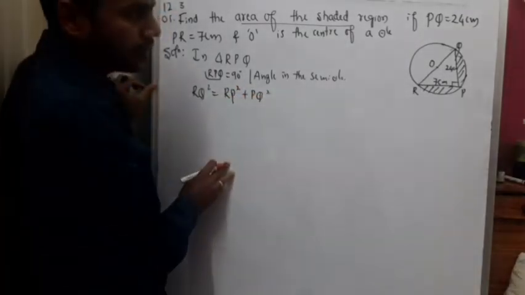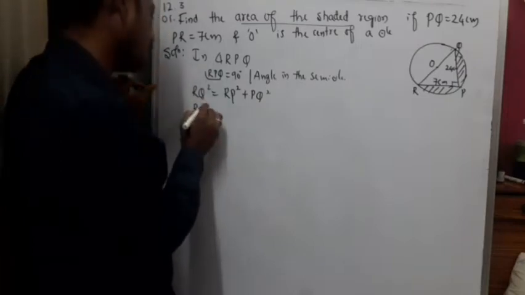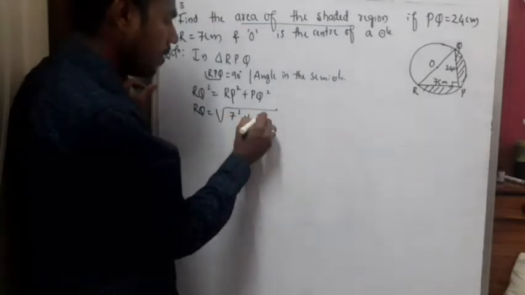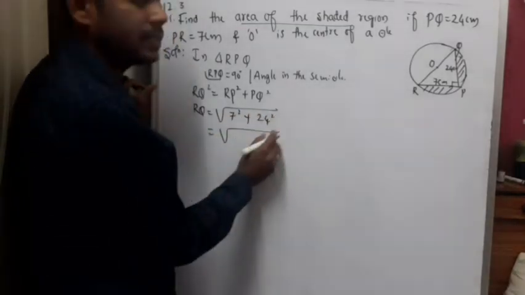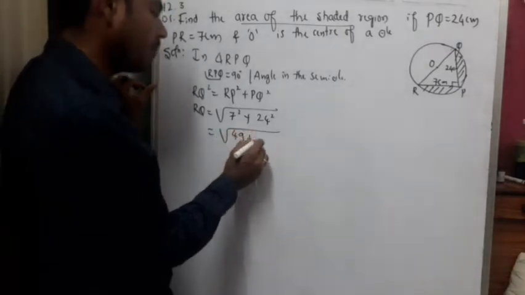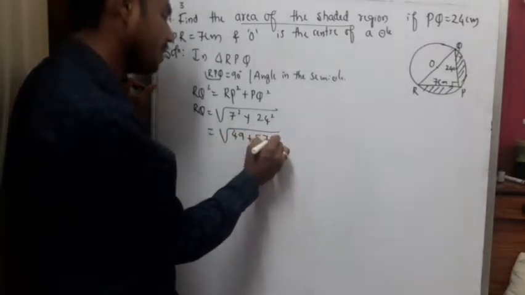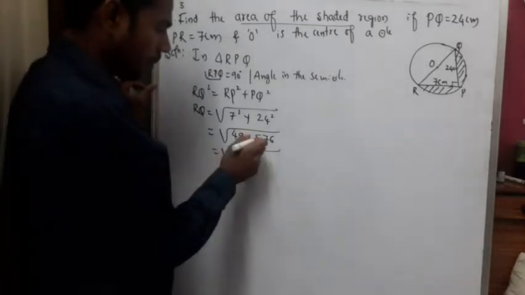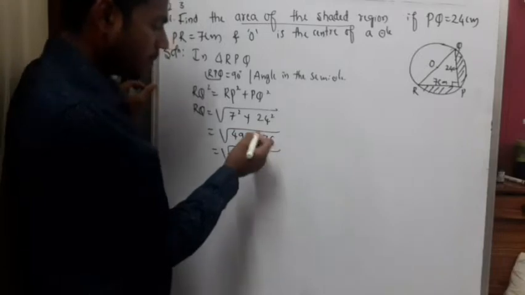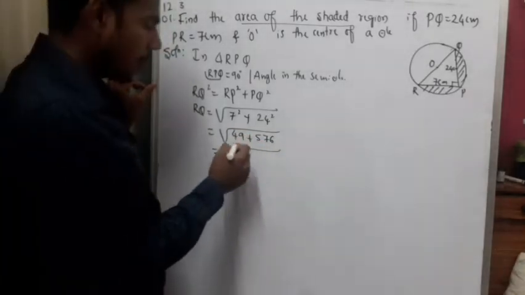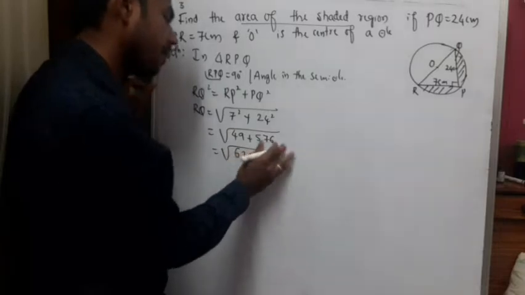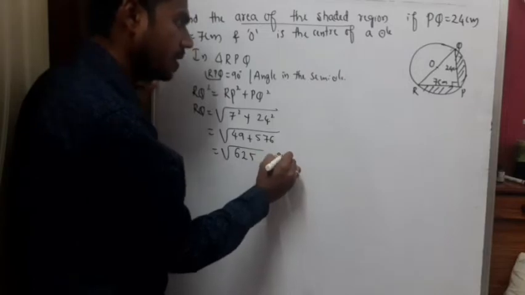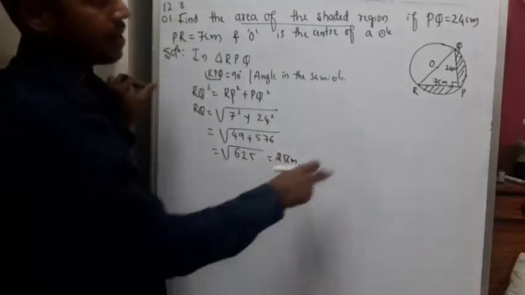RQ is equal to square root of 7 square plus 24 square, which is 49 plus 576. 576 plus 50 is 626, remove 1 from it, that will be 625. Square root of 625 will be equal to 25. So 25 centimeter is the diameter of the circle.